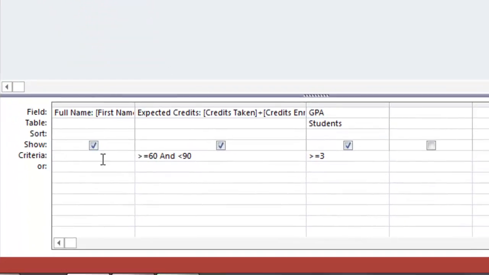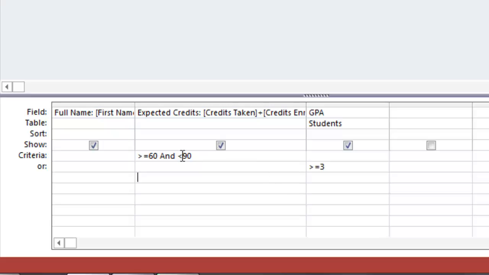The way this works is if we have two criteria and they are on the same line, they are ANDed together. So Access reads this as, you must be a junior, you must have these credits between 60 and 90, and you must have a GPA of greater than or equal to 3. If we put them on different lines, then they are ORed together.